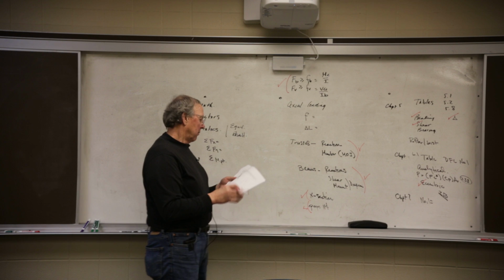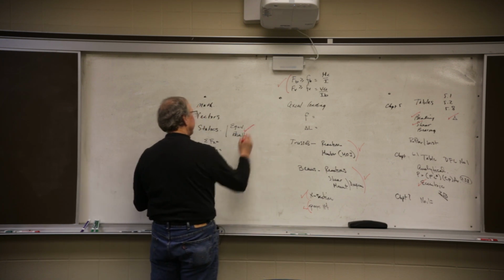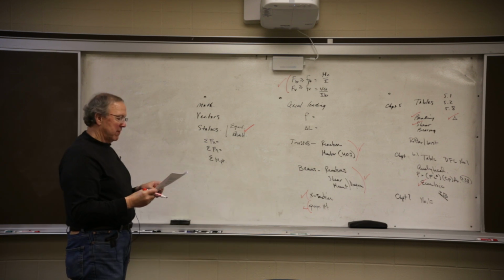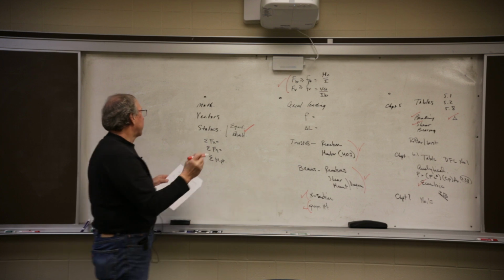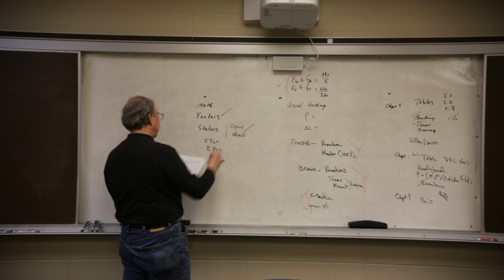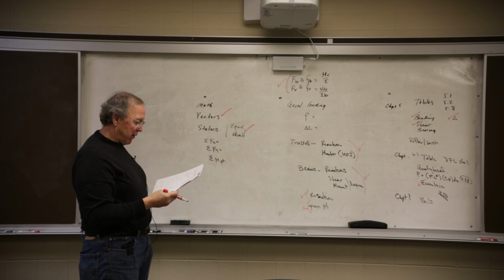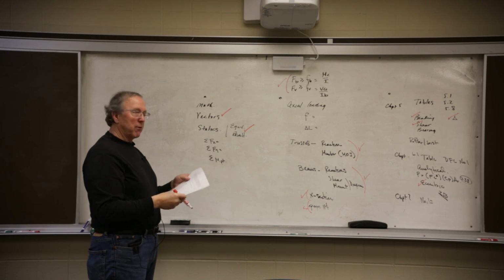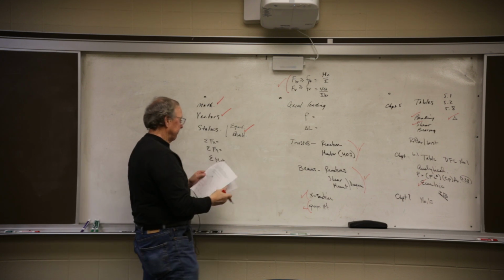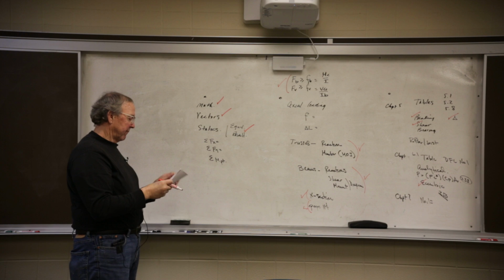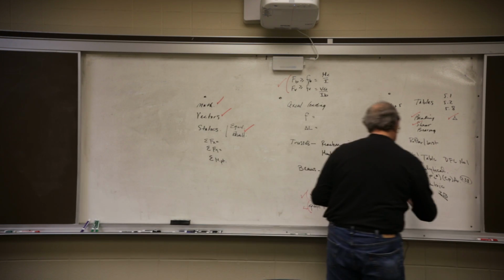Next one was a statics problem. Next one was a vector problem. I gave you 4 vectors emanating from a point. I asked you to find the resultant direction and magnitude. Next one was a math problem. Next one was a nail problem, actually.